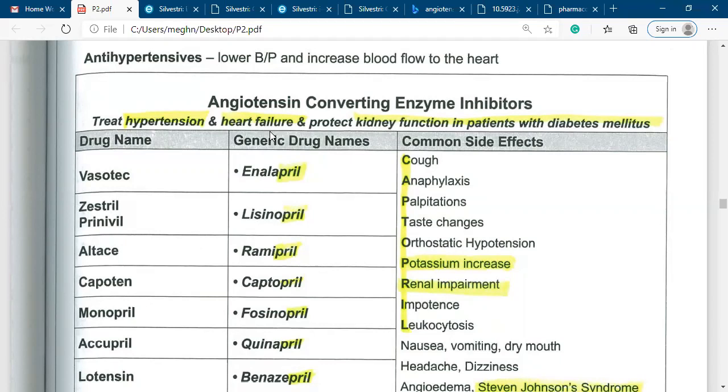So now I'm going to talk about what drug names we use as ACE inhibitors. Okay, so the drugs we use: enalapril, lisinopril, ramipril, captopril, and fosinopril or benazepril.